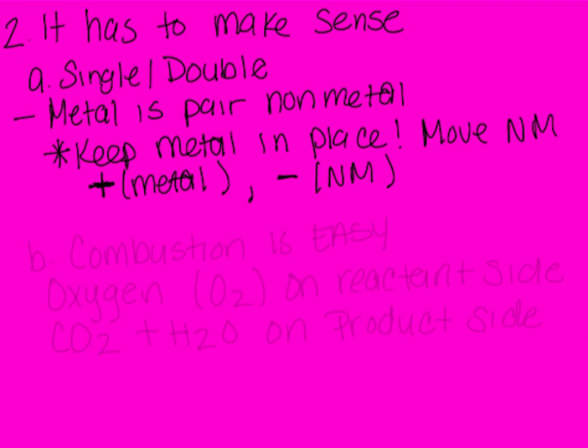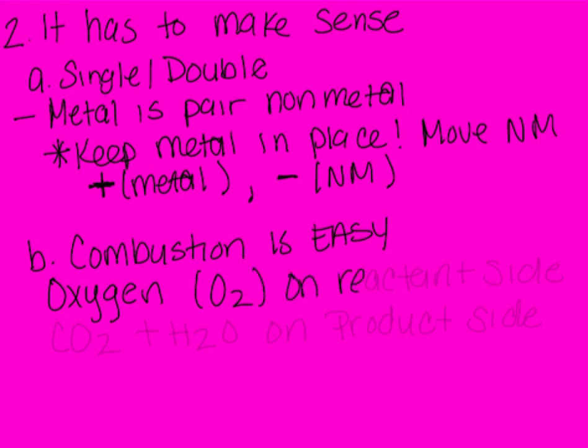Now, the next type of reaction is if you have a combustion reaction. This is the easy one. You don't have to worry about doing too much. You can identify your combustion because it will always have an oxygen gas, which is identified by O2, a diatomic element on the reactant side.